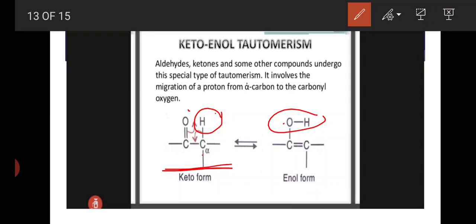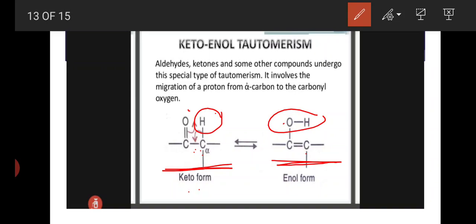This is the carbonyl oxygen. This form is called the keto form. As the C double bond O group, the keto group, is present, it is called the keto form. After the migration of the proton from the alpha carbon to the carbonyl oxygen, the compound is the enol form. Here the pi bond shifted to these two carbons, so a C double bond C is formed, which is the alkene functional group.